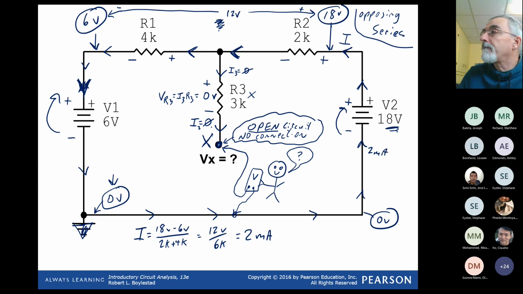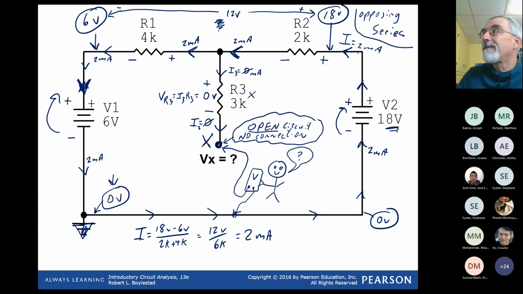So the 2 milliamps is our current flowing. It's a series circuit. It's 2 milliamps everywhere in that circuit, almost everywhere in that circuit. Down here we have 0, but all the other currents are 2 milliamps. Knowing that current, you can't resist.